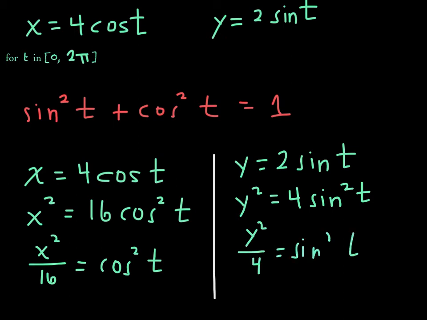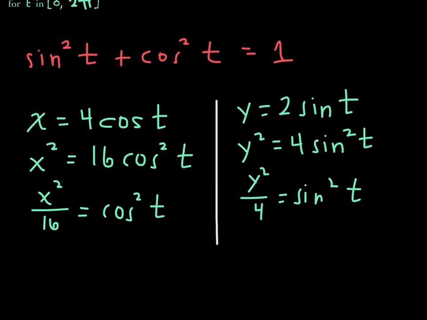Now, I want to use this fact that if I take sine squared of t and add cosine squared of t, I'll get 1. So I'm going to take sine squared of t, which is y squared over 4, add it to x squared over 16, and set it equal to 1. Okay? So here we go.